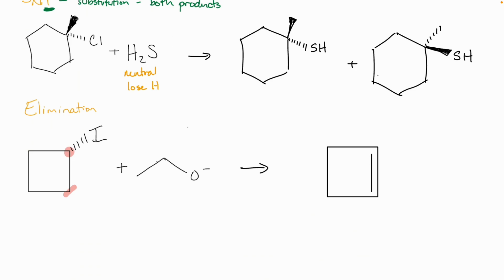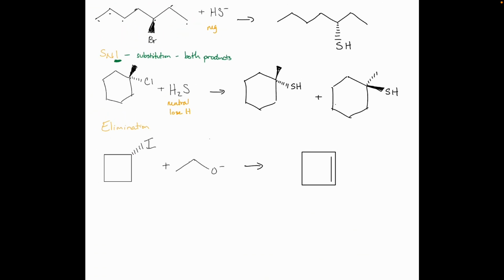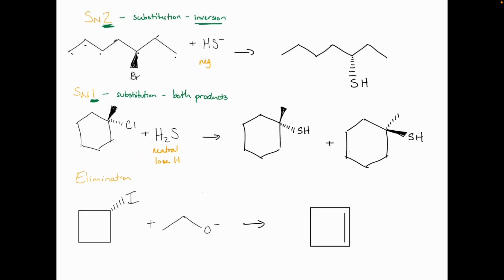So this is my alkene. Right, so we have 3 different possibilities here. SN2, where we have the inversion in our substitution stereochemistry. SN1, where we have to draw both products. And then finally, an elimination reaction, which leads to our alkene.